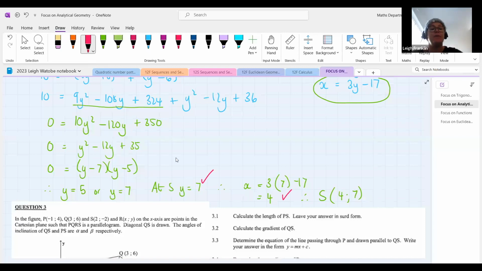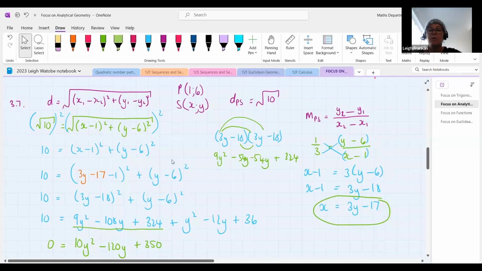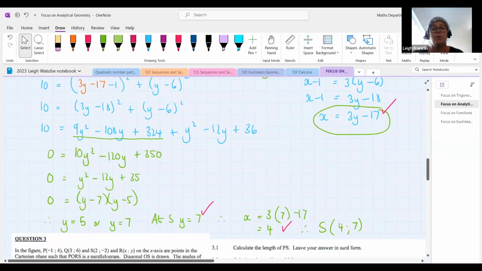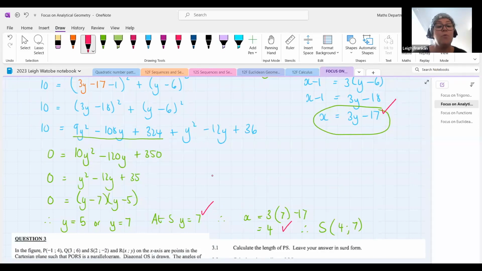Getting the 7, there would have to be a mark for getting this. There would have to be a mark for 1, 2, 3, 4. Maybe standard form over here.